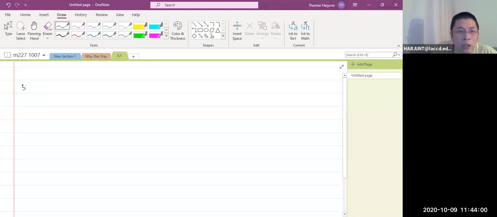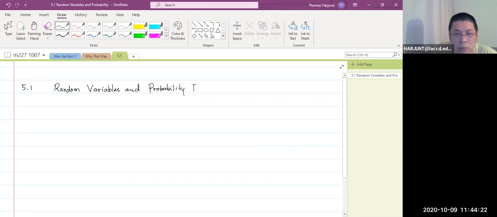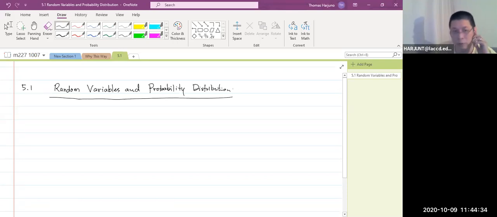Okay, 5.1 is on random variable and probability distribution.